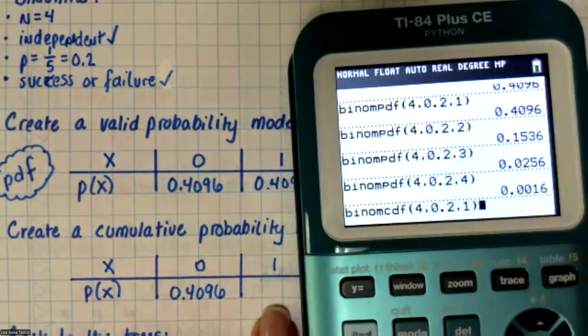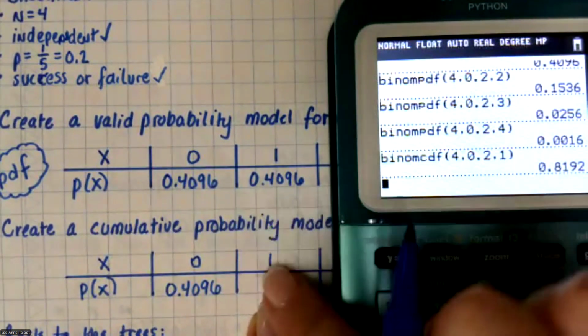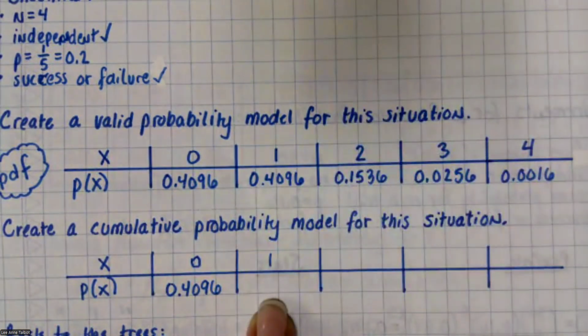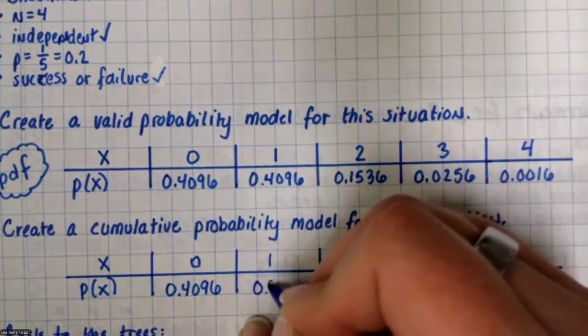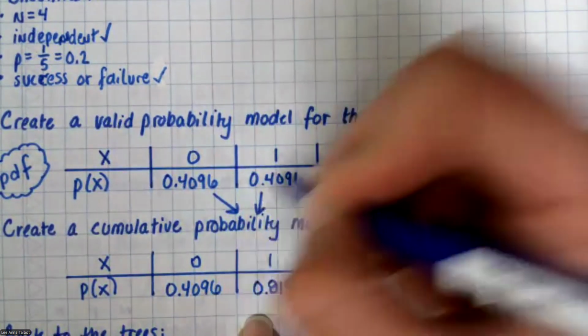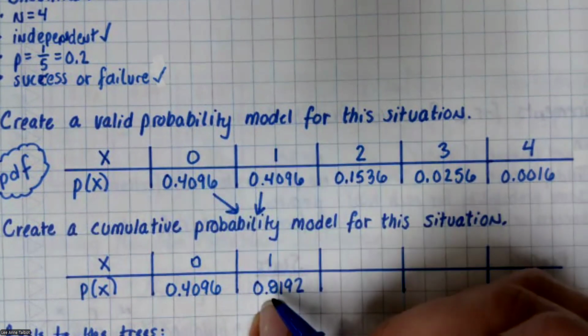If I know what I'm doing, it should add up both of these cumulatively. So this would be 0.8192. Make yourself a little visual so you can tell this box here is those two added together.